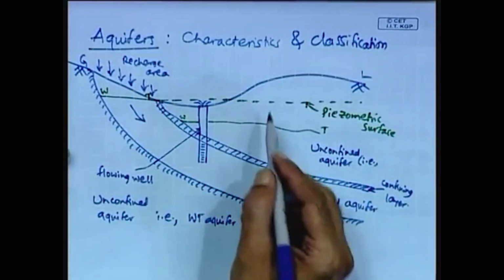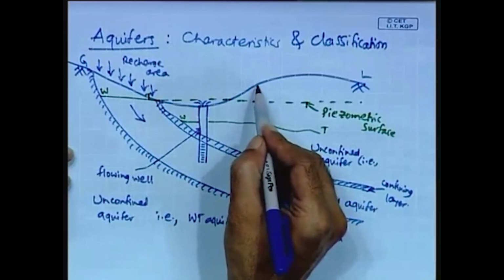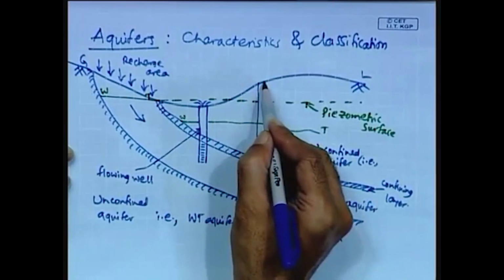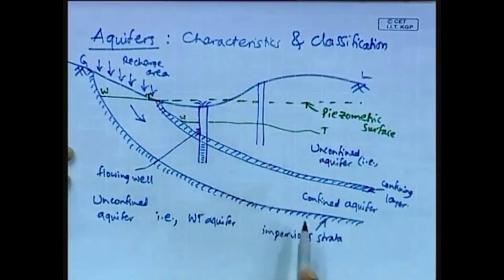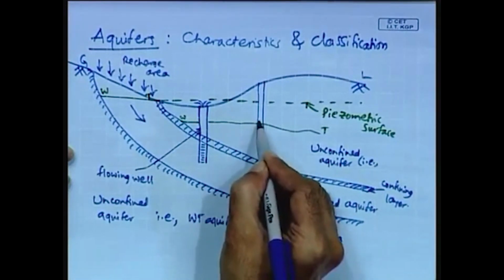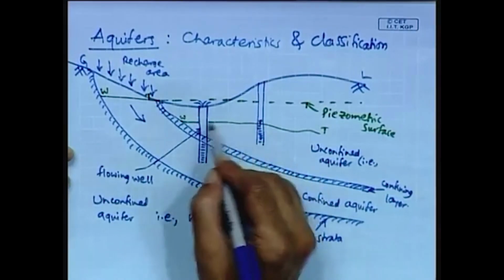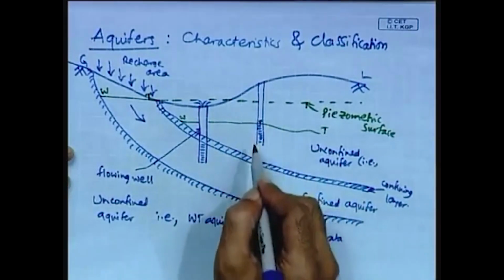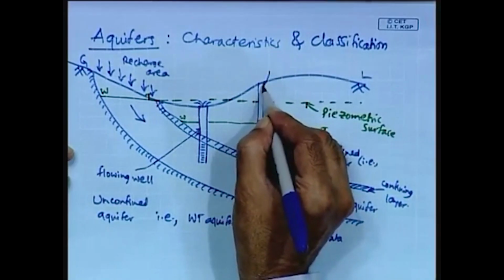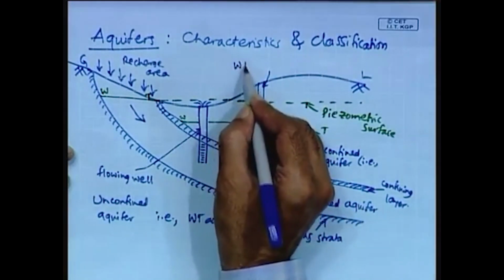And on the other hand, suppose we drill a well which penetrates only the unconfined aquifer. In this case, the water surface will be corresponding to the water table at that location, and so therefore, this well which penetrates only the unconfined aquifer is known as the water table well.